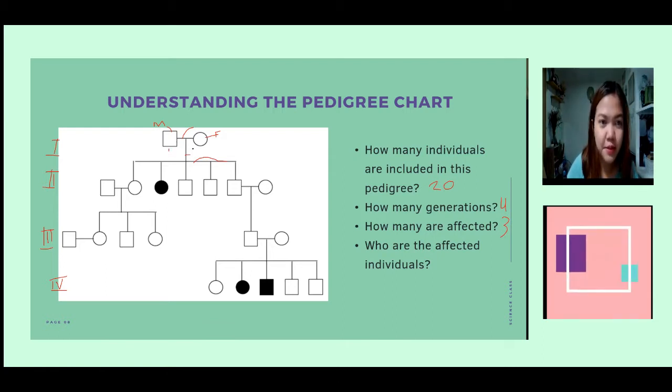So, gagamit tayo ng Arabic numbers. 1, 2, 3, 4, 5, 6. Then uulit siya, babalik siya sa 1 per generation.